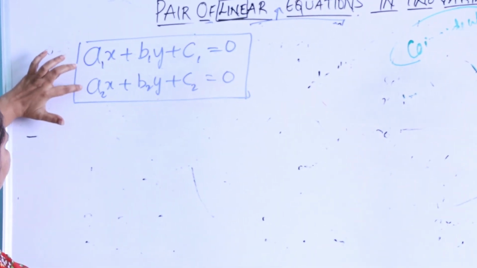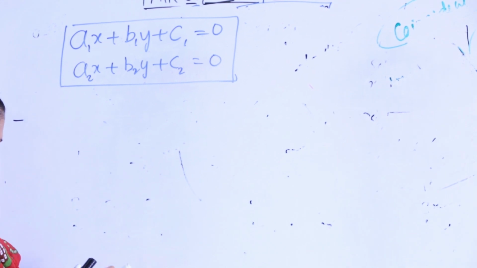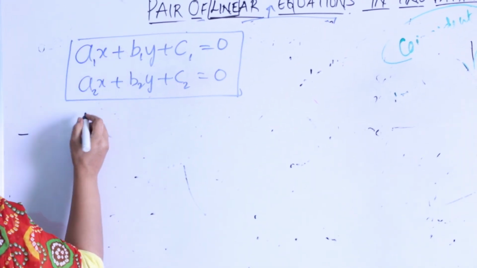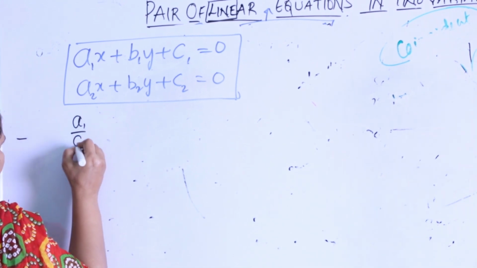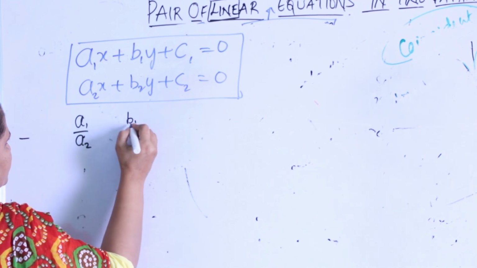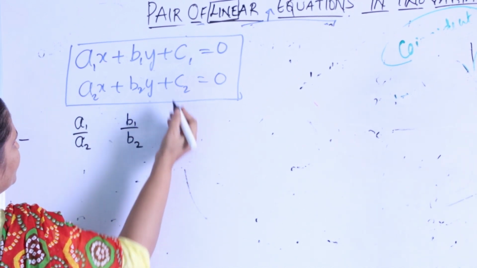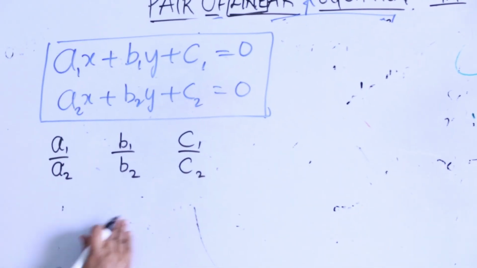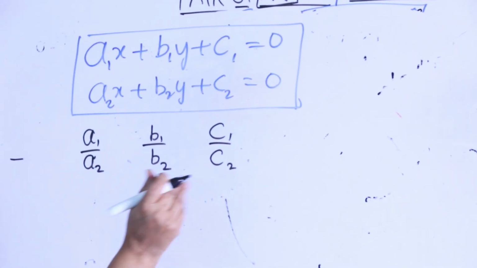What do we understand by the term ratio of the coefficients? First ratio is a1 by a2. What about the second coefficient ratio? b1 by b2. The third ratio is c1 by c2.